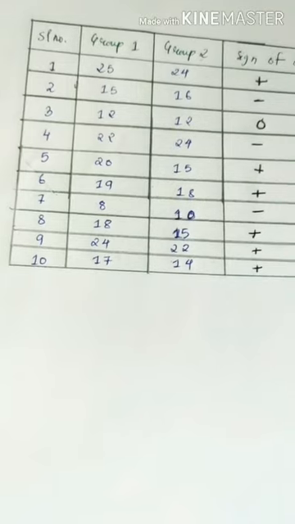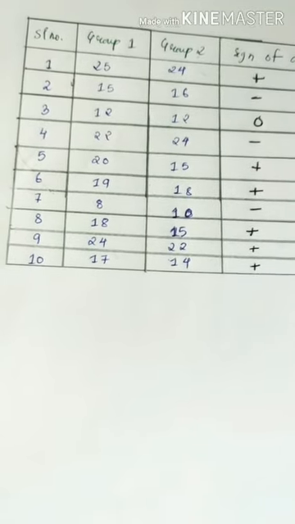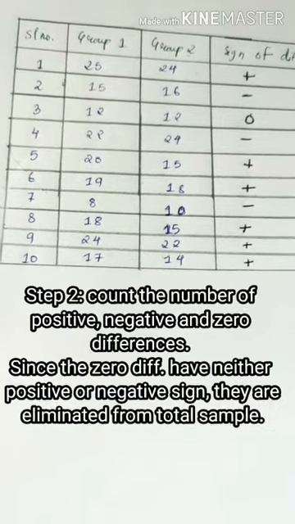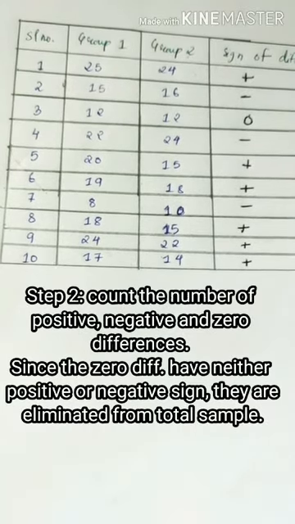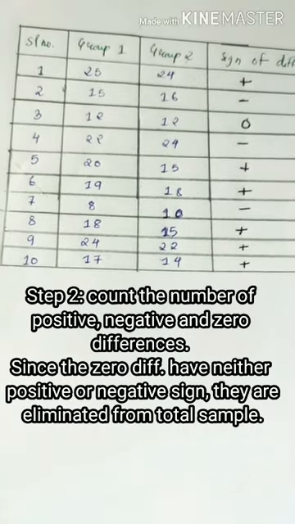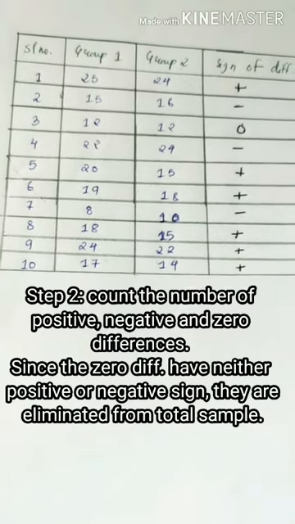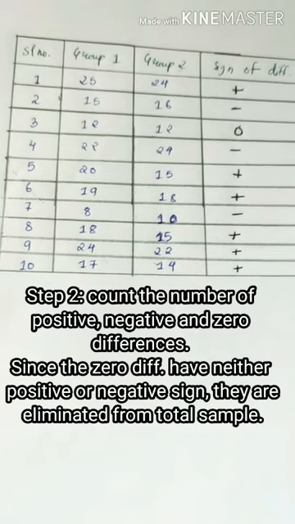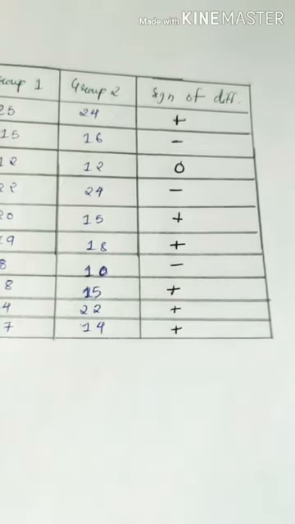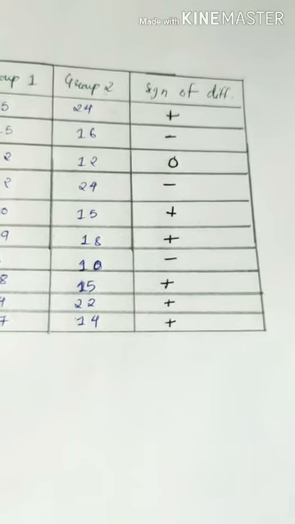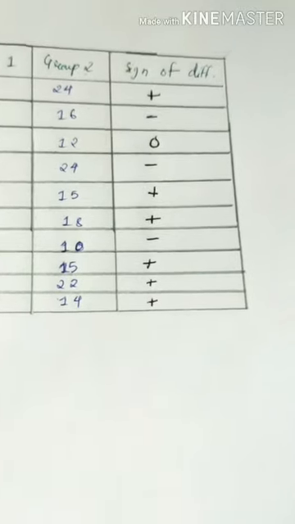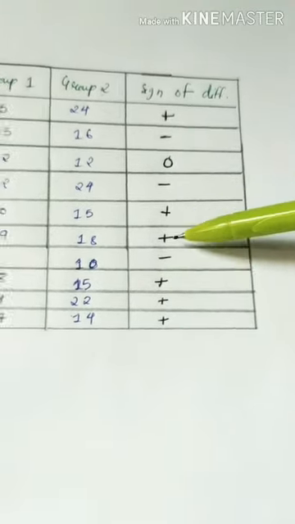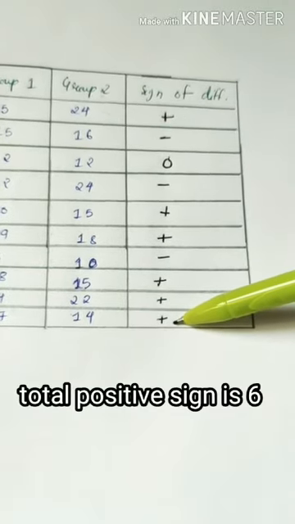After we have determined the sign of differences and entered positive and negative signs in the column, the next step is to count the number of positive, negative, and zero differences. Since the zero differences have neither positive nor negative sign, they will be eliminated from the total sample. Here, the total number of positive signs, if you count, is 1, 2, 3, 4, 5, 6.